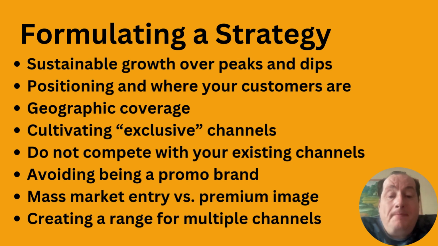But creating a range for multiple channels can be based on specific packaging for a channel. It can be based on a specific size for the channel or specific flavors. So you have different products for different channels. There are examples also where the famous brand Aqua, which is a bottled water brand in Indonesia, owned by Danone, had a mass market product called Aqua.